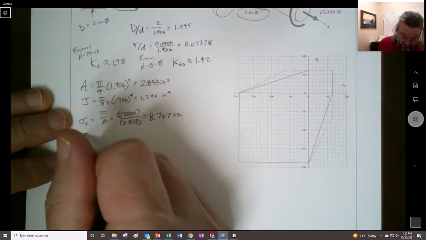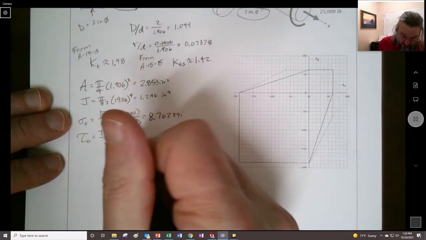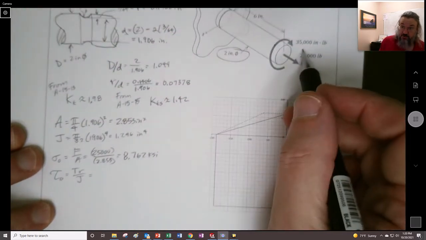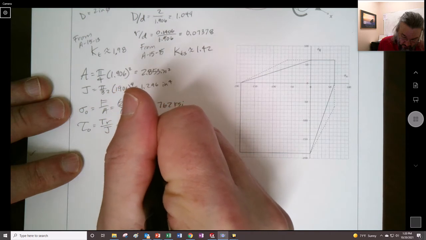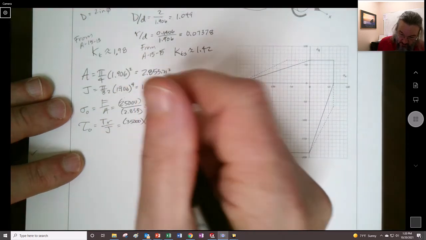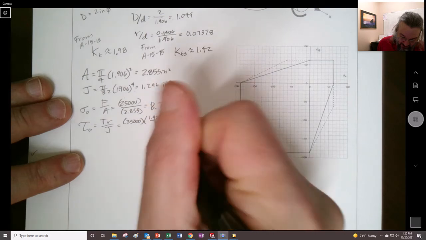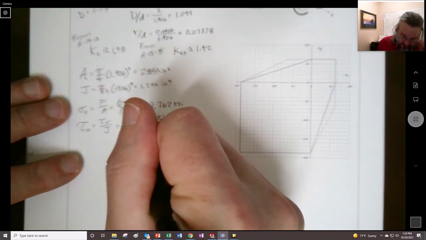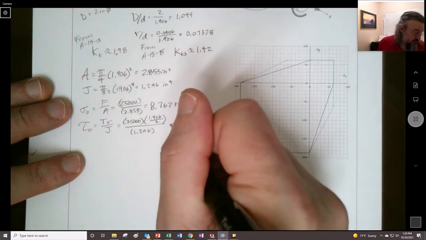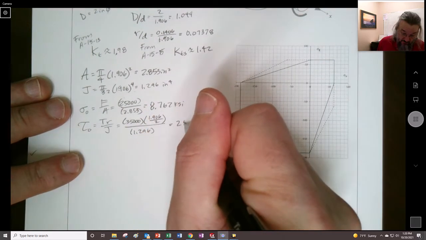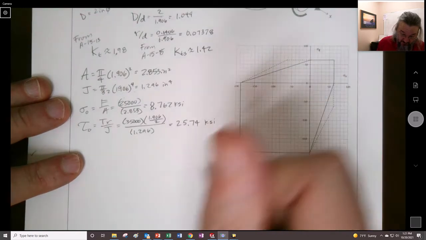And let's go to the nominal, TR over J. So we get the torque is 35,000, and the R is now going to be 1.906 divided by 2, divided by J, 1.296. So we get the nominal is going to be 25.74 KSI.